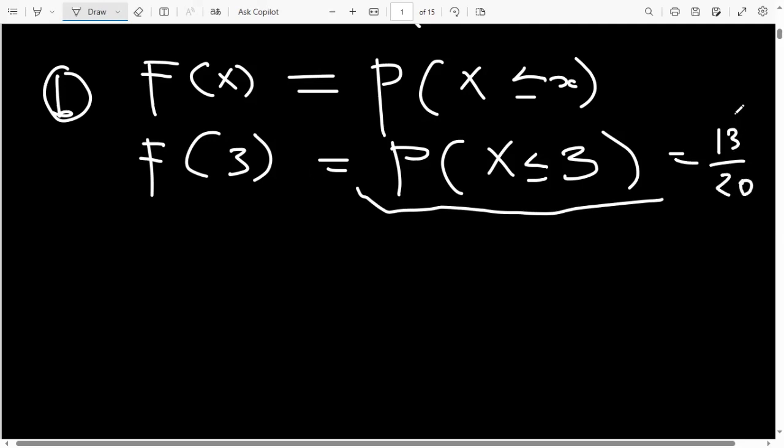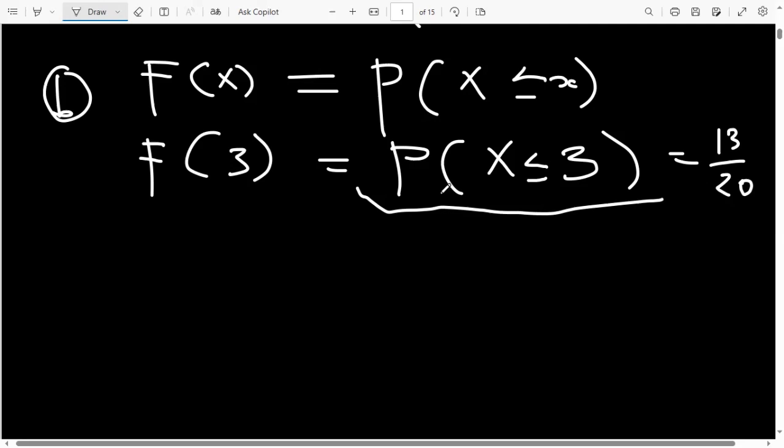But what steps do we have to carry out in order for us to reach 13 over 20? So the cumulative frequency of x being less than or equal to 3 means you're just finding the summation of the probabilities of x being equal to 0, 1, 2, and 3. That's what you are finding.